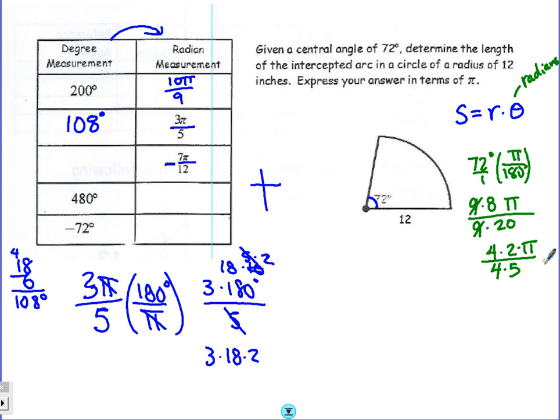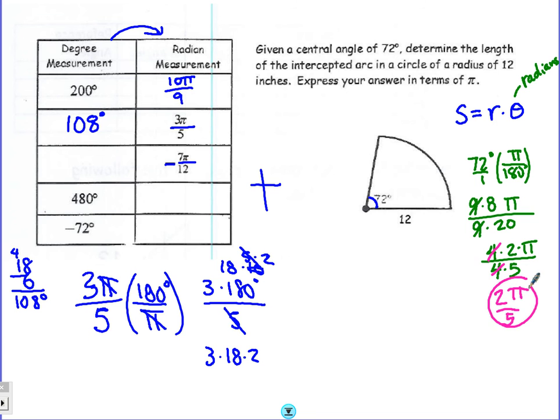Now, some of you might not get why I'm factoring it out like this. I'm actually showing every single step, kind of preparing us for when we get to a unit on rational functions, where we are talking about all the factors. I want you to see that we break it up into all the factors and then simplify. All right, so it looks like 2 pi over 5 is our radian measure.